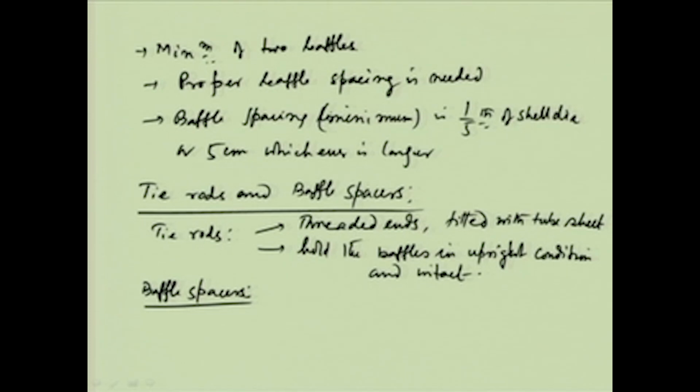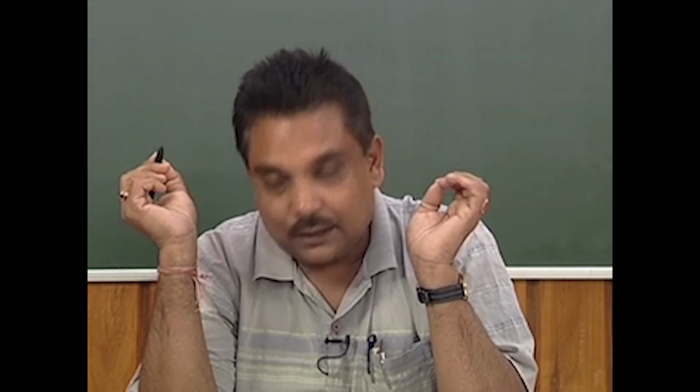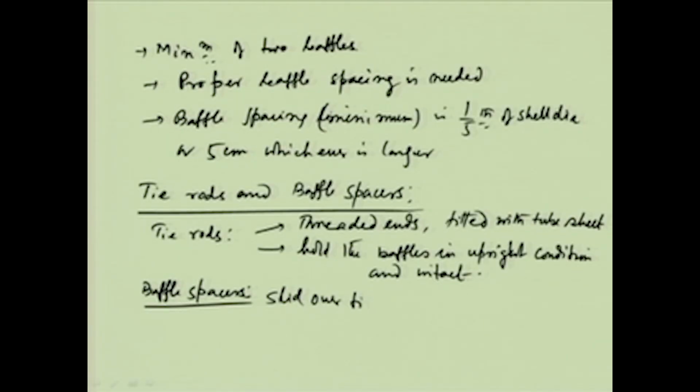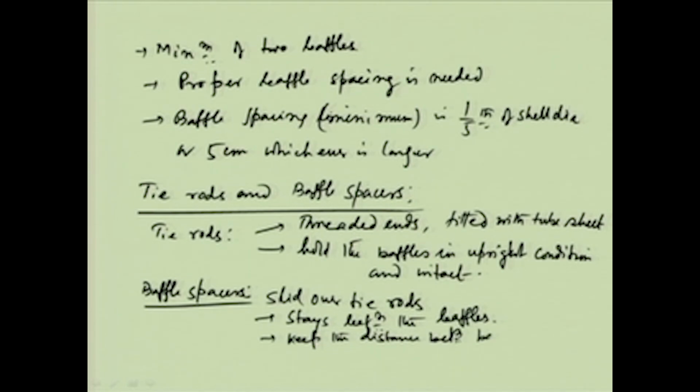These are actually hollow tubes, which are slid over the tie rods, and each stays between the baffles, so that it maintains the distance between two baffles and keeps the baffles intact.